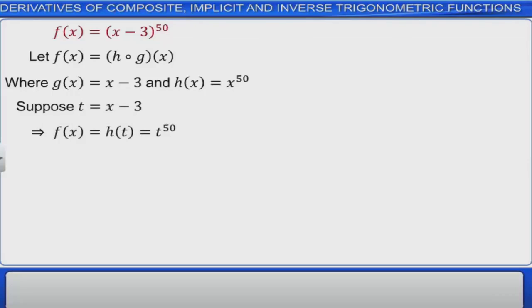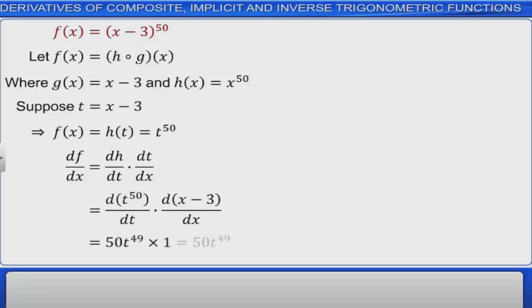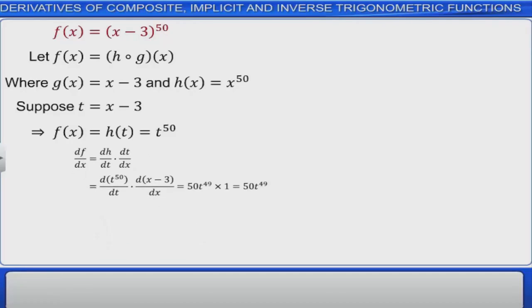By the chain rule, the derivative of f with respect to x is equal to the derivative of h with respect to t into the derivative of t with respect to x. Thus, df by dx is equal to 50 into t raised to the power 49. On substituting the value of t, we get the derivative of f of x with respect to x is equal to 50 into x minus 3 whole raised to the power 49.